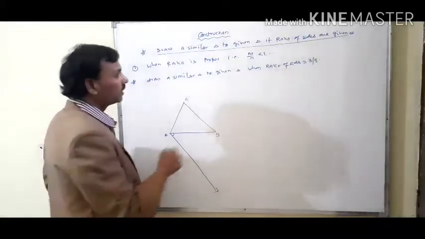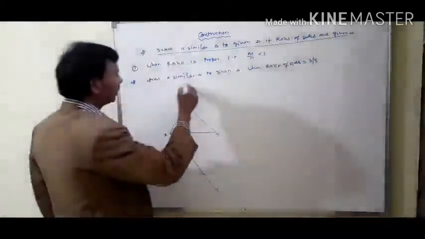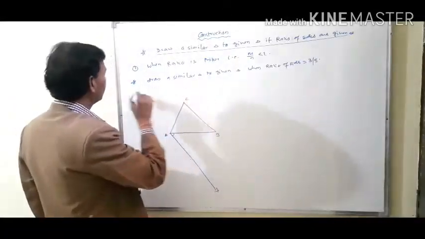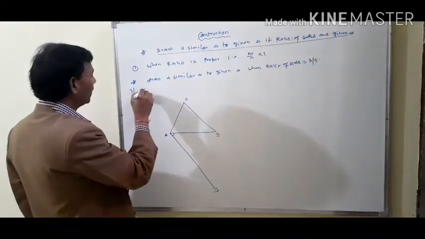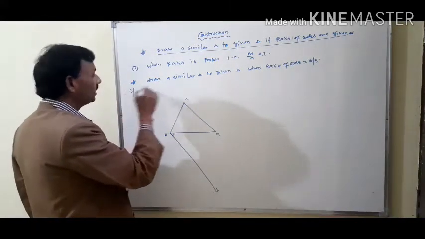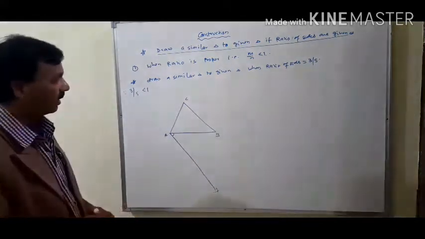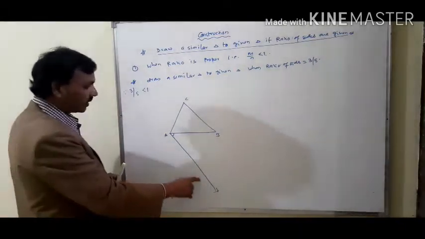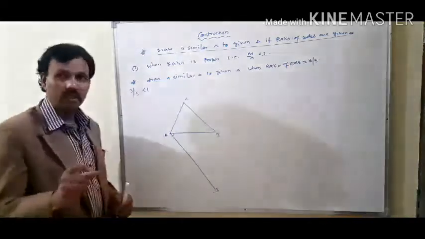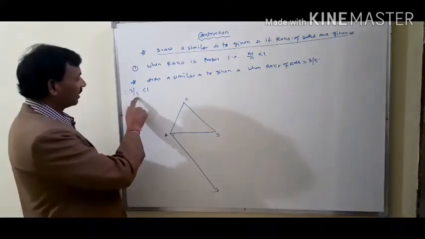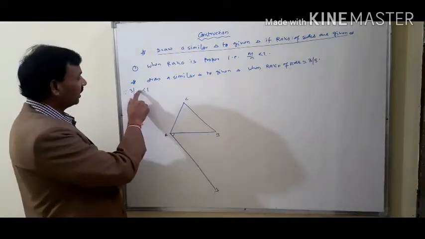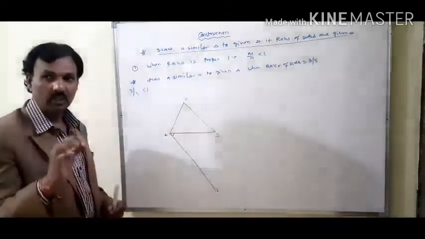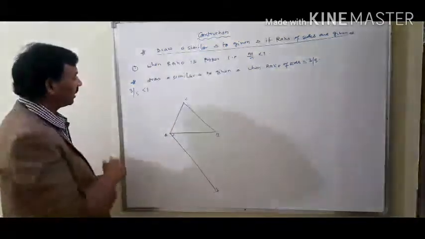Now, since 3 upon 5 is less than 1, this is a proper ratio. So, on the AX line, we should cut 5 equal parts. That means the denominator, the larger number in the ratio.